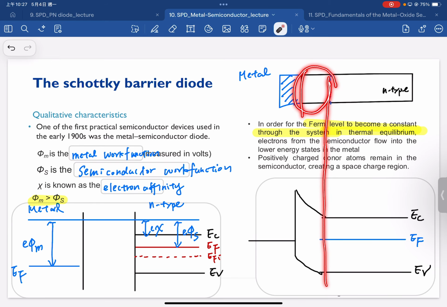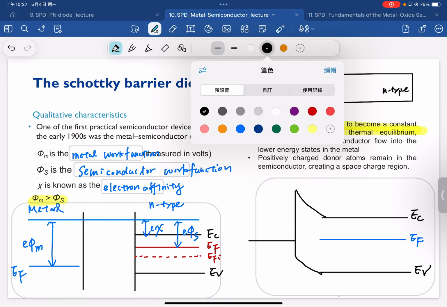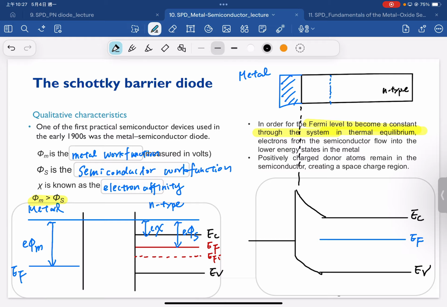This is fully aligned. Now we define this one as phi B, and this one, still the same, is the built-in voltage.